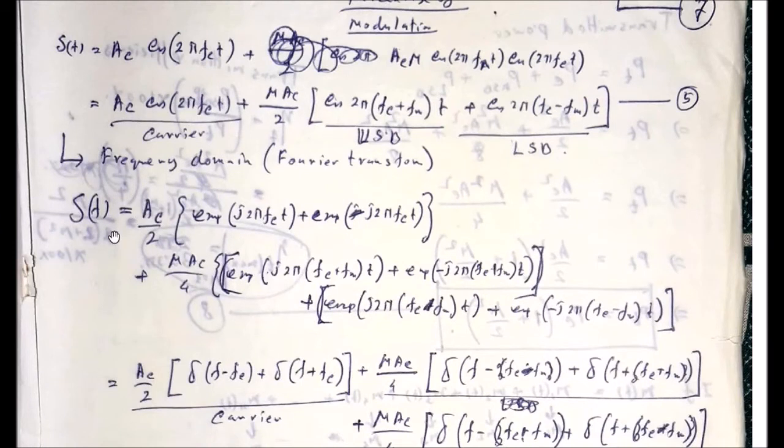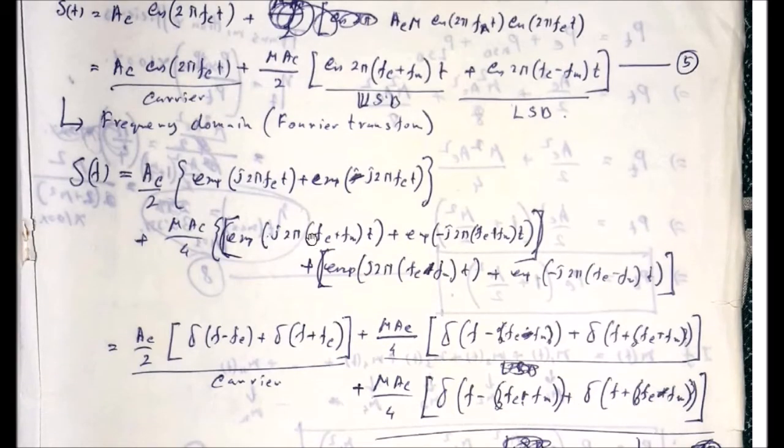By doing the Fourier transformation, the first term can be elaborated into two exponential functions, and the second term will contain first the cosinusoidal term at 2 pi (fc plus fm). This will have exponential of 2 pi j (fc plus fm)t plus the negative of that. And the lower side band will have these two exponential terms.